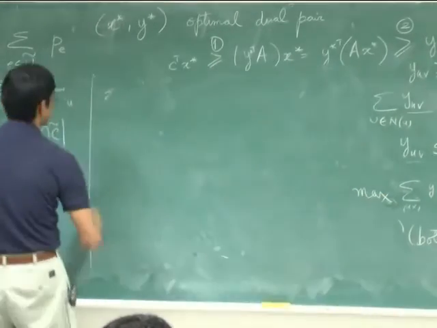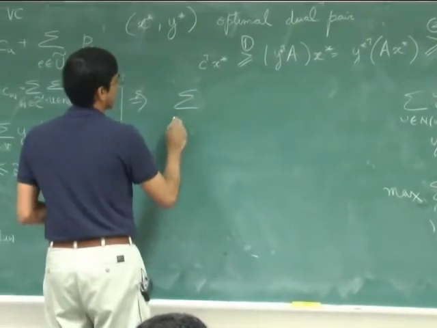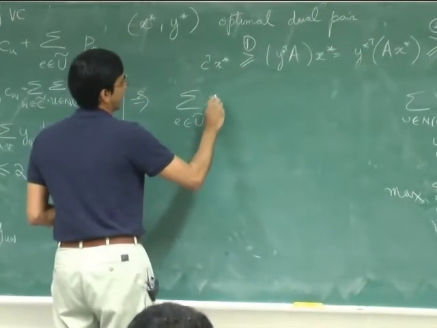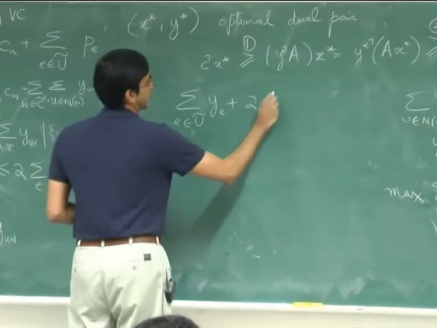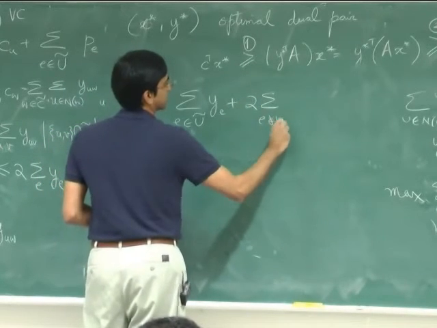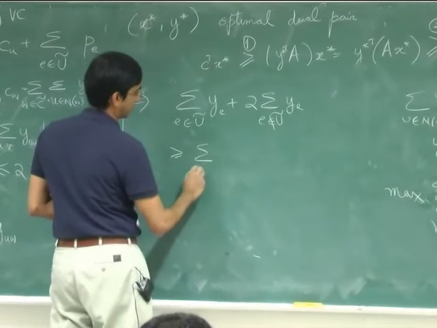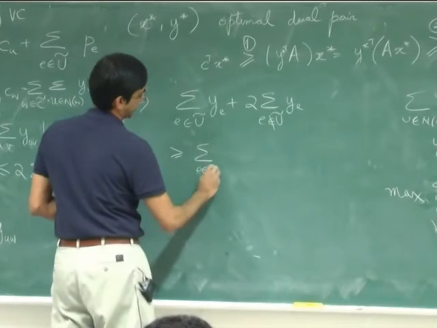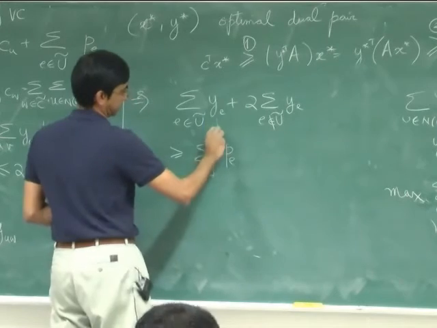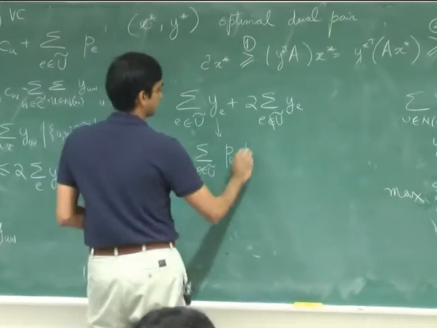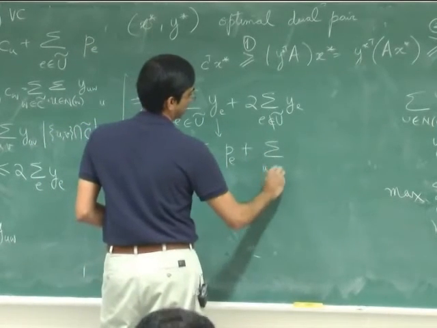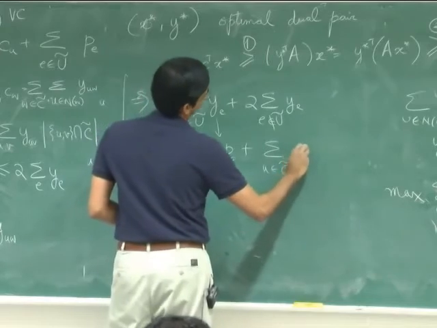Which implies sum over E in U tilde YE plus 2 times sum over E not in U tilde YE upper bounds sum over E in U tilde PE, that's this part, plus sum over U in C tilde of CE.